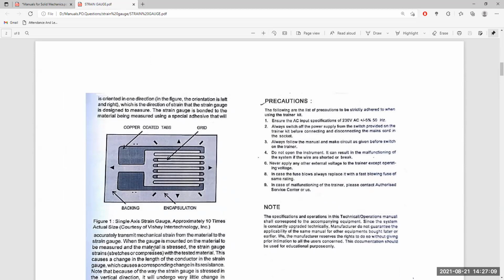When the gauge is mounted on the metal to be measured and the material is stressed, the strain gauge is strained, stretching or compressing with the stressed material itself.